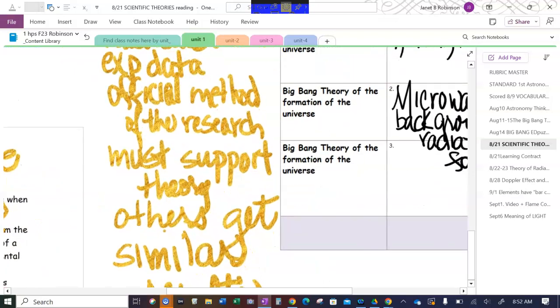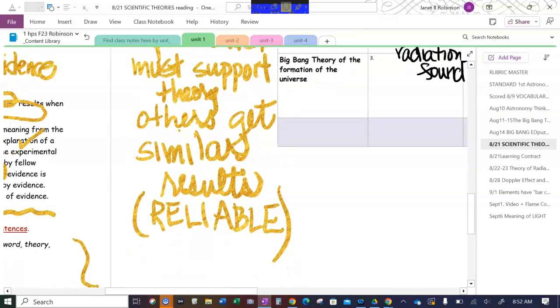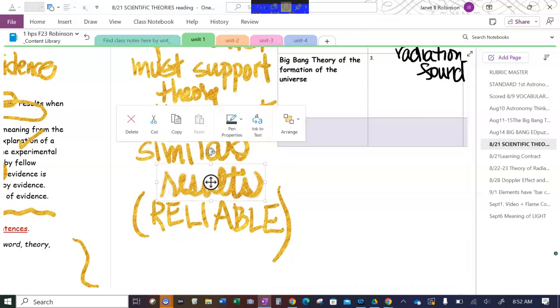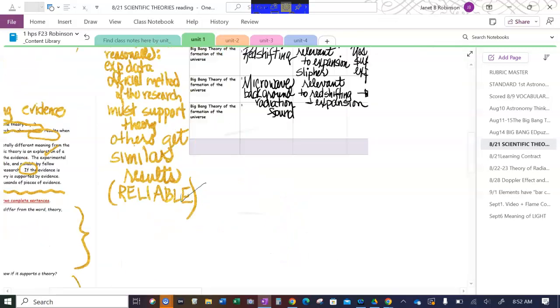It must support the theory. And when other people try to redo your experimental work, they get the same results. That's what reliability is.